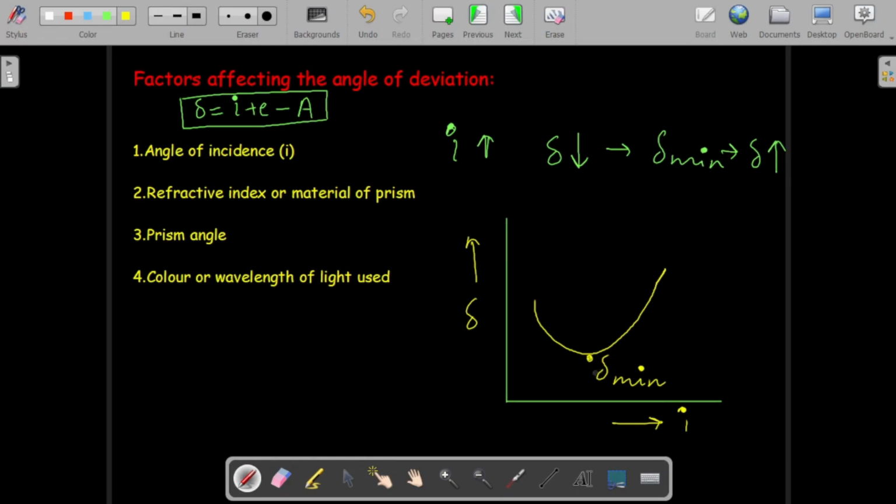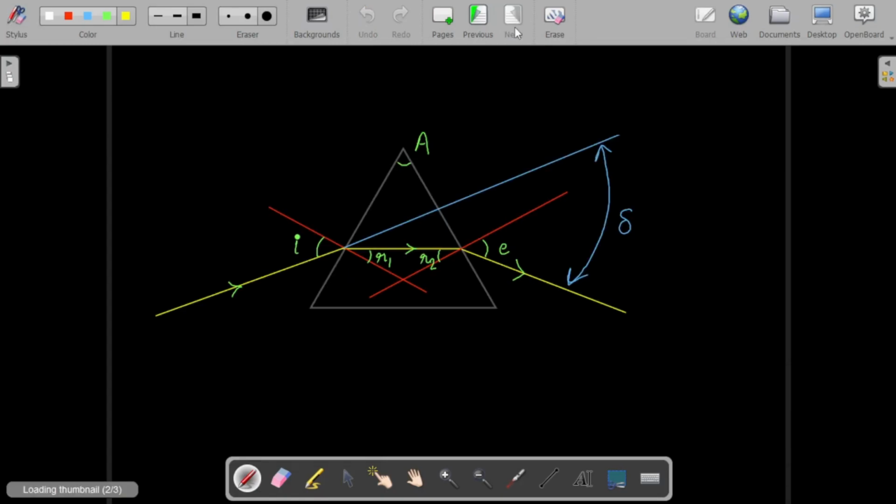The delta will be minimum when the incident ray, after incidence on the first surface, gets refracted parallel to the base of the prism. This is the scenario where delta is found to be minimum. So delta minimum is found when the incident ray after refraction gets parallel to the base.